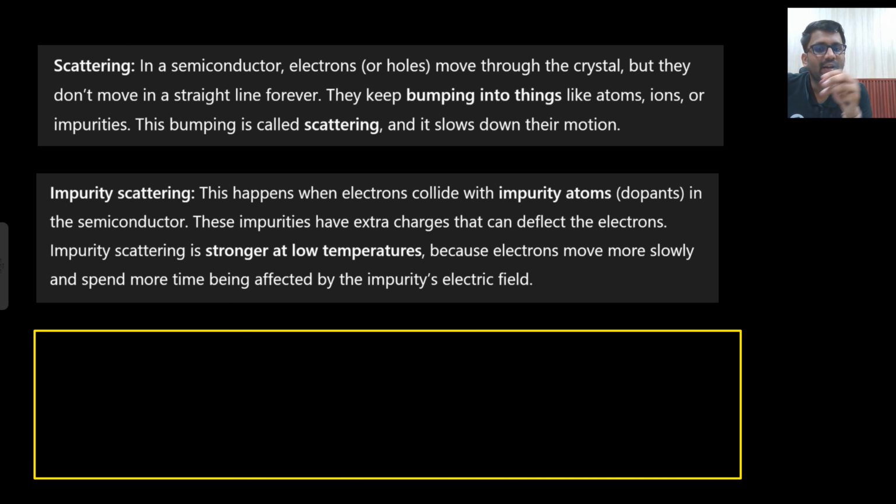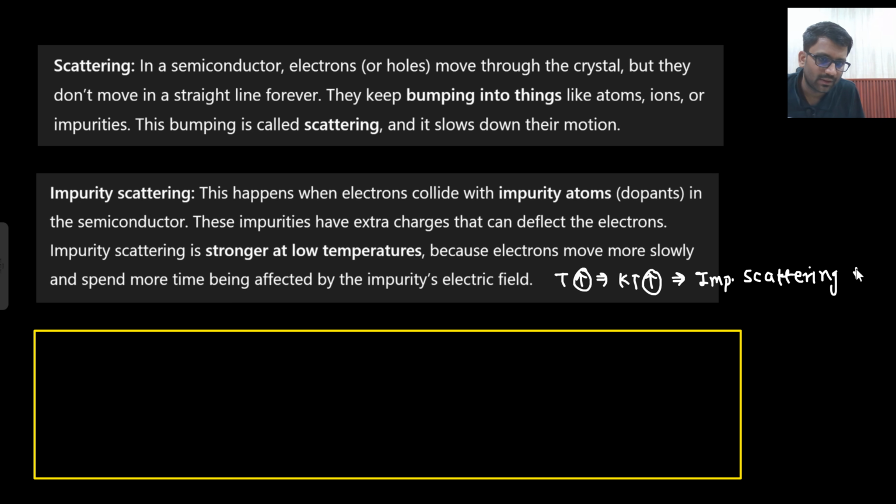So it is dominating at a lower temperature only. As temperature increases, the thermal energy will also increase. If thermal energy increases, what does that mean? Impurity scattering also decreases, right? So this is your impurity scattering.